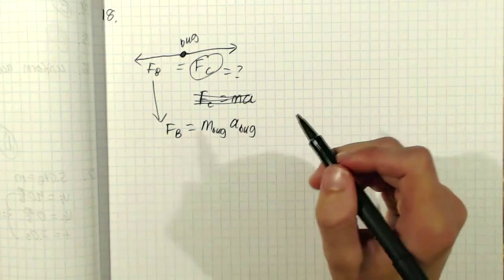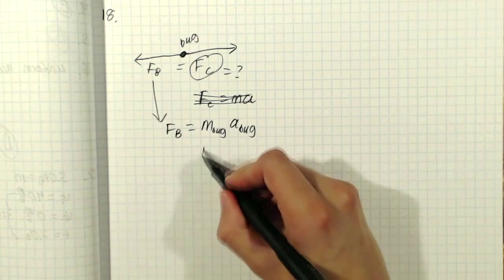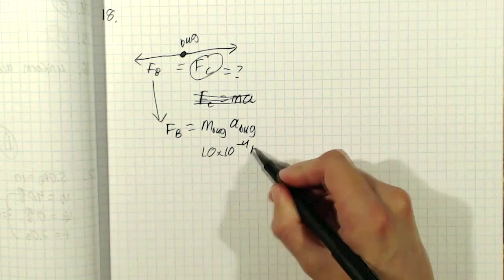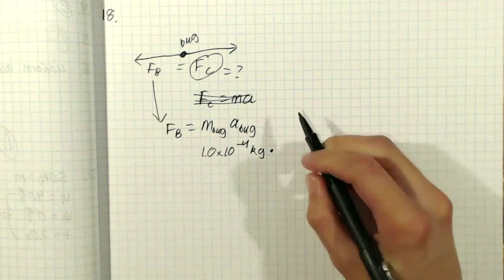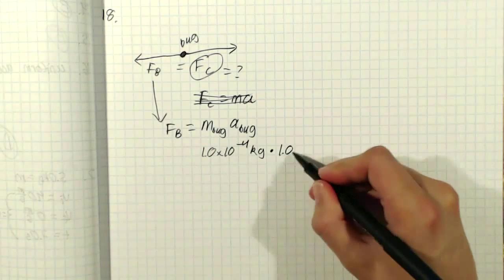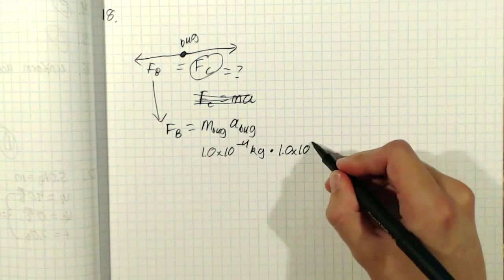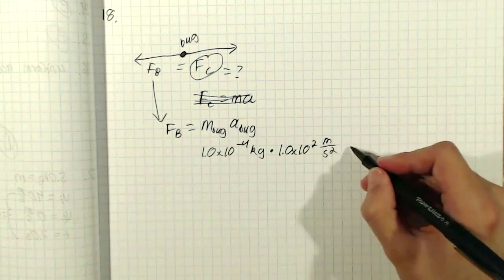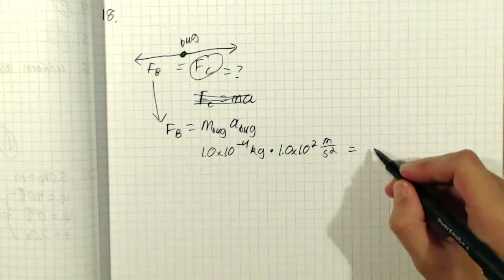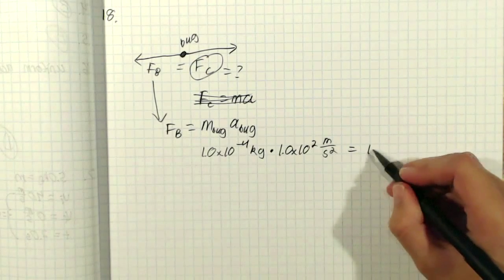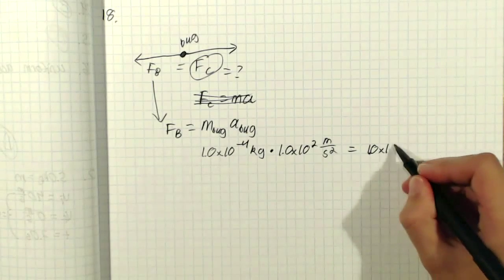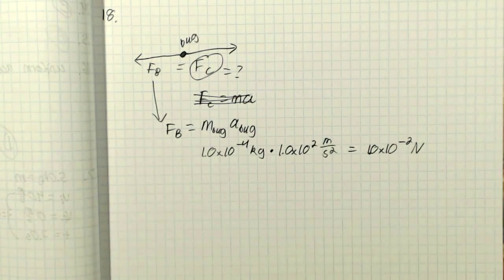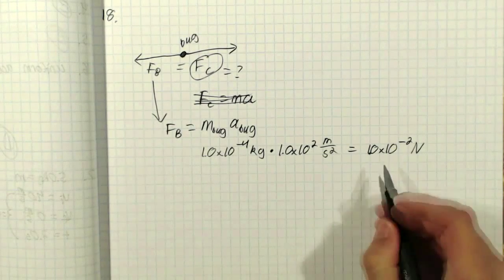So it's 1.0 times 10 to the negative fourth kilograms times 1.0 times 10 squared meters per second squared, which is going to equal 1.0 times 10 to the negative second newtons. Don't you love scientific notation? Which is going to be C.